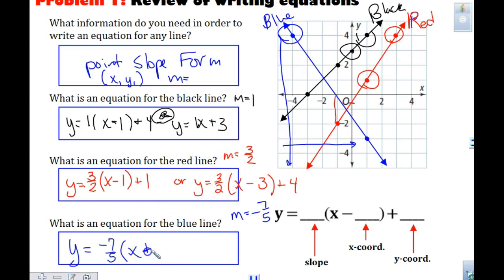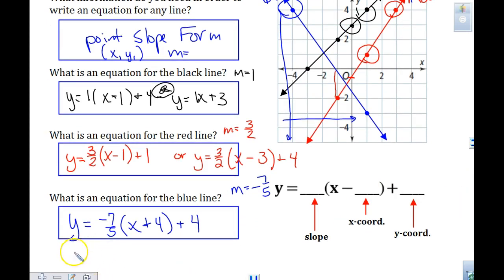Yep. Parentheses plus 4, and then another plus 4, because we're looking at minus a -4, which makes it a positive, x plus 4, and then we went up 4.